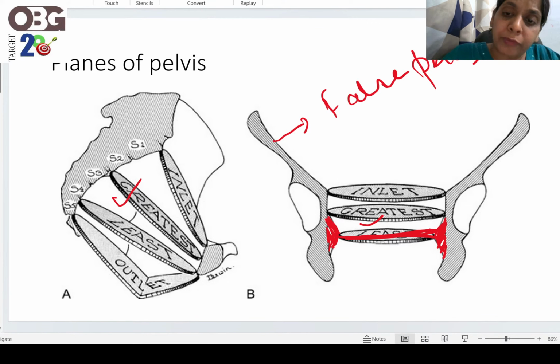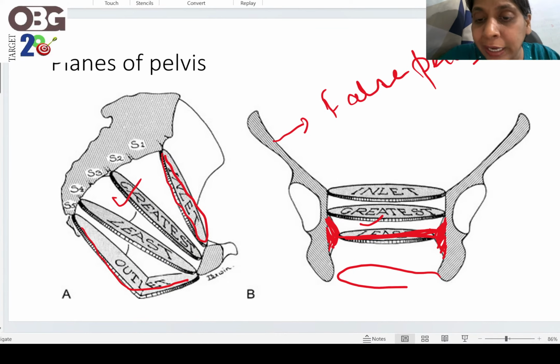So we have divided this whole pelvic cavity into 4 planes. This one is the inlet plane, this is the outlet plane, and in between there are 2 more planes, the plane of the greatest dimension and the plane of the least pelvic dimension. Here is the outlet plane.